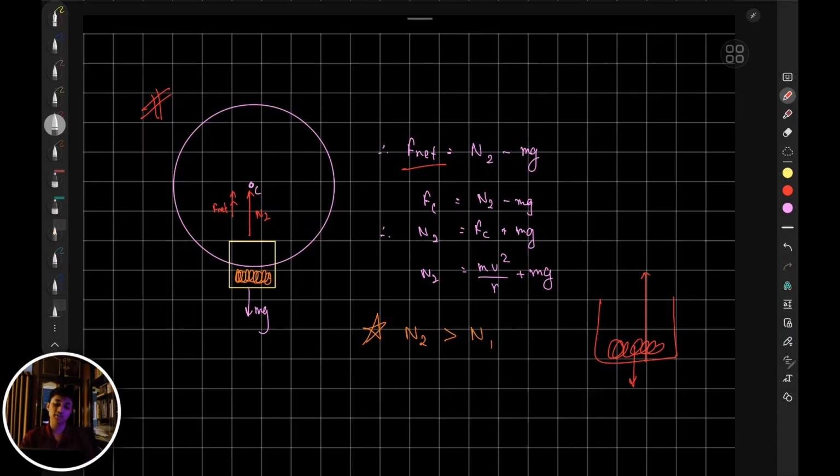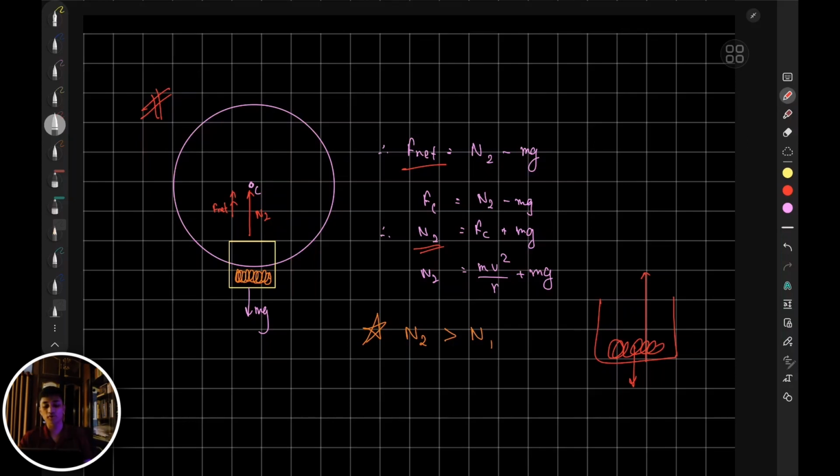Fair enough. So the net force is given by N2, the normal contact force between the spring and the container, meaning the force that the container applies on the spring. So F net is given by N2 minus mg. We can make the normal contact force the subject and say that the reaction force is the sum of the centripetal force and the weight.